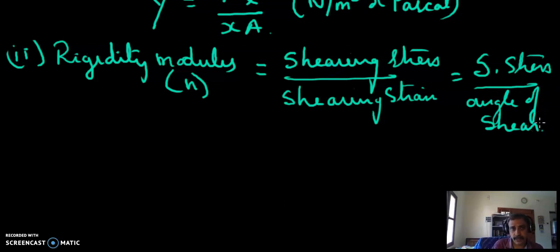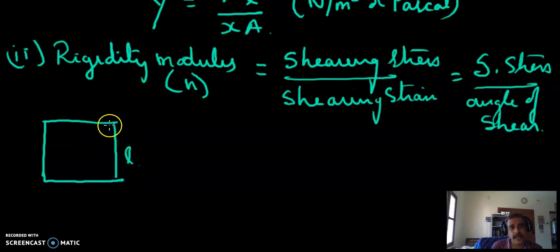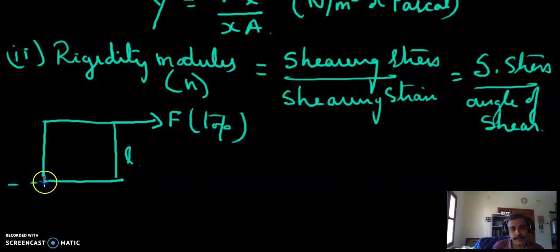Now for this I consider a cube, a box like this. Say the length of the box is L. Now I apply a force in this direction on the top surface. I apply force only on the top. Bottom is fixed. So this bottom surface is fixed.